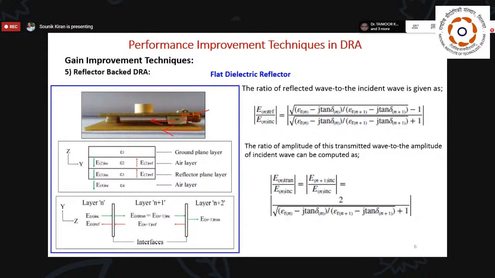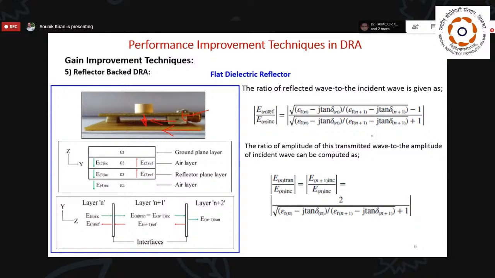Okay, so the ratio of the reflected wave to the incident wave: when the wave starts coming in this direction, it will first be incident on this layer. This is the first layer where it will be incident, and this is nothing but the air layer. The ratio of the reflected wave to the incident wave is given by a very standard formula.